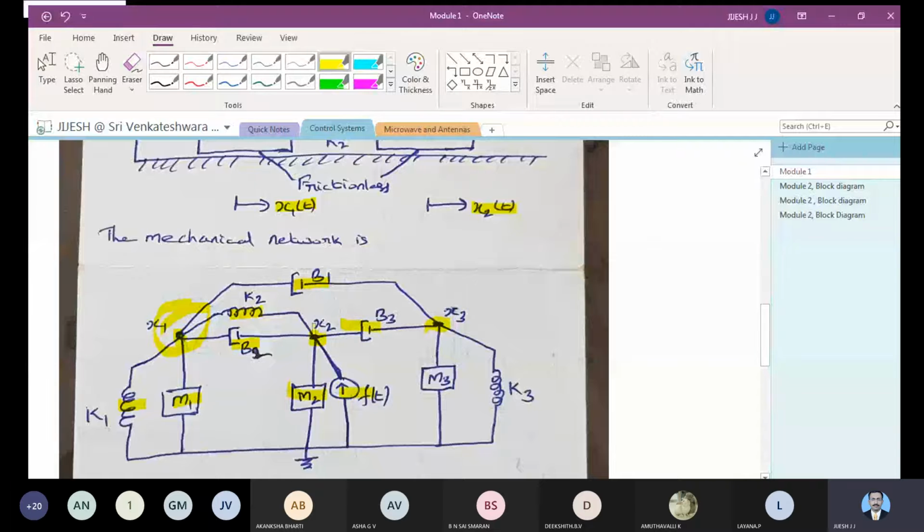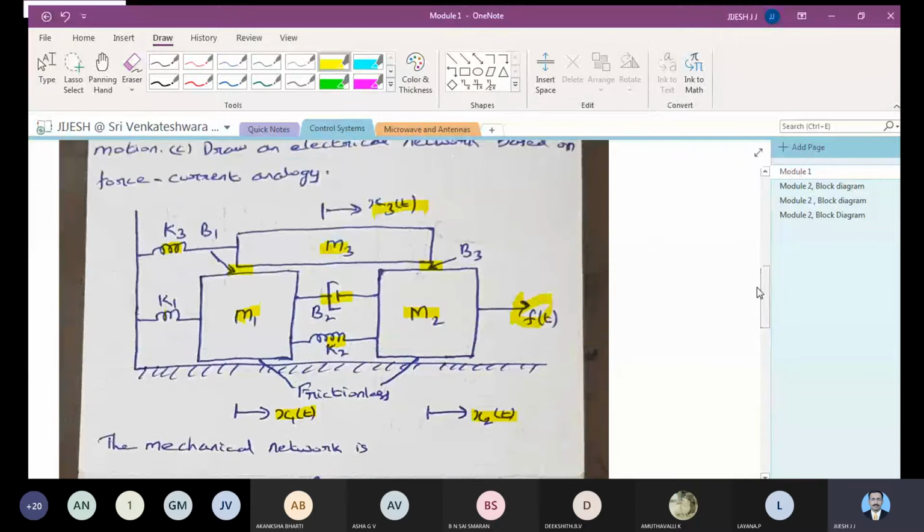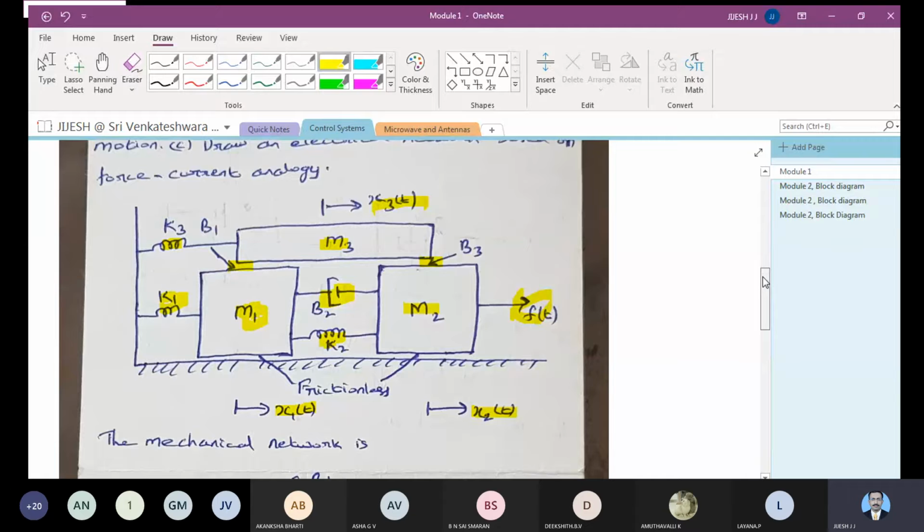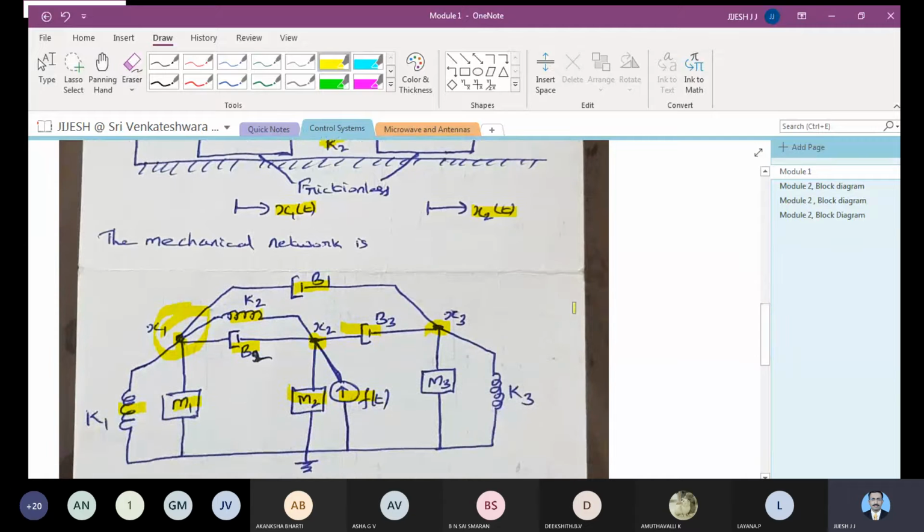You can see in the figure that this is x1, and m1 is there, then k1 is there. B2 is there, k2 is there. All these things have to get connected with x1. So there are in total k1, m1, b2, k2 and b1, all connected to x1, and you can see the 3 points x1, x2 and x3.